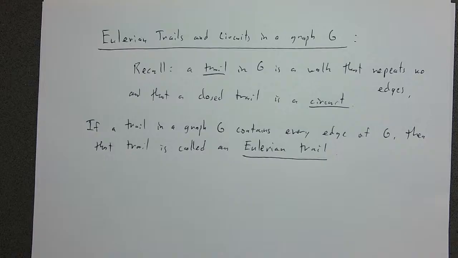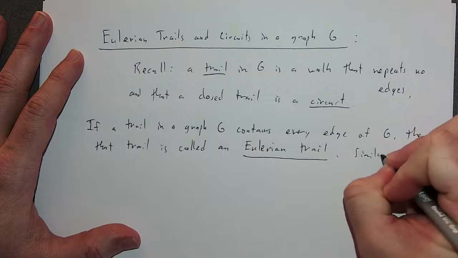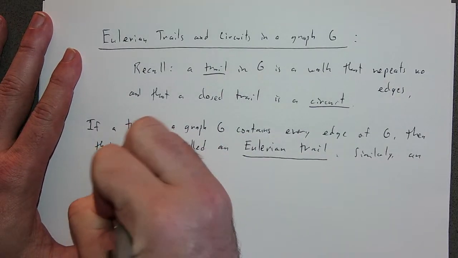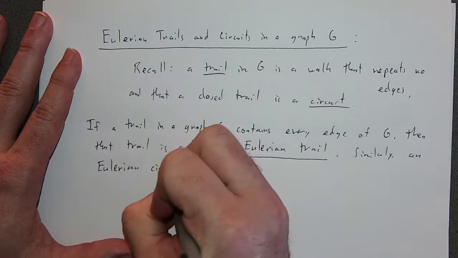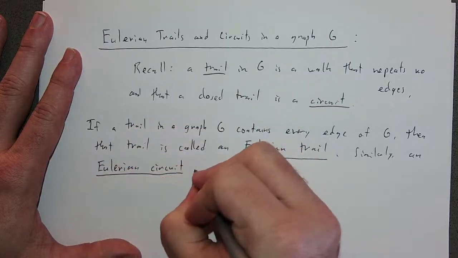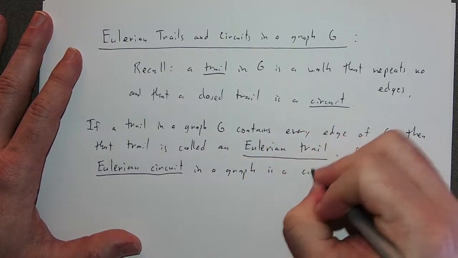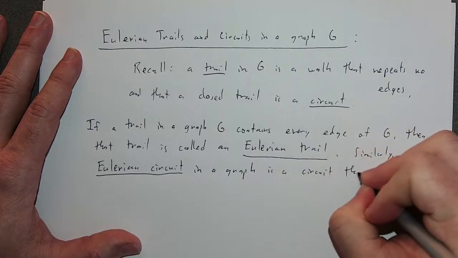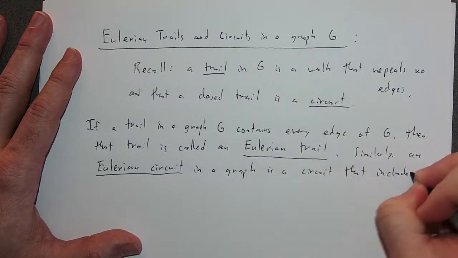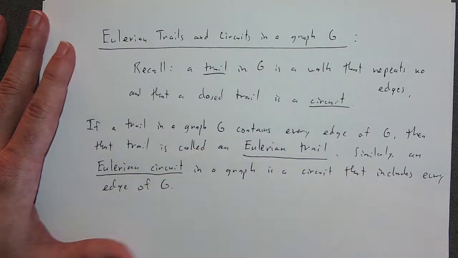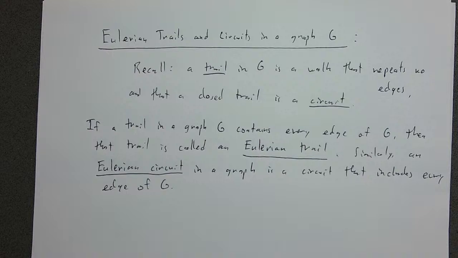Similarly, an Eulerian circuit in a graph is a circuit that includes every edge of G. A graph that contains an Eulerian circuit is said to be an Eulerian graph.